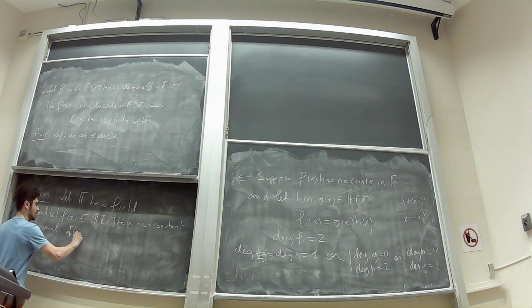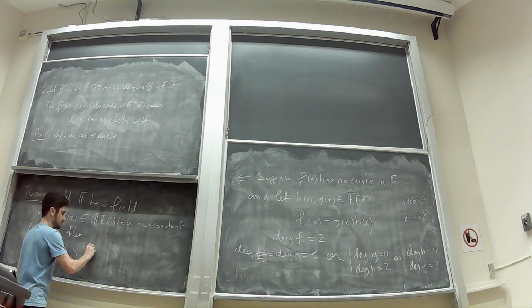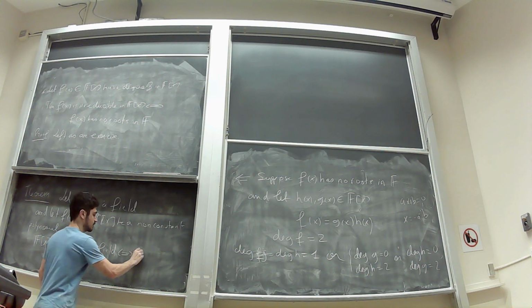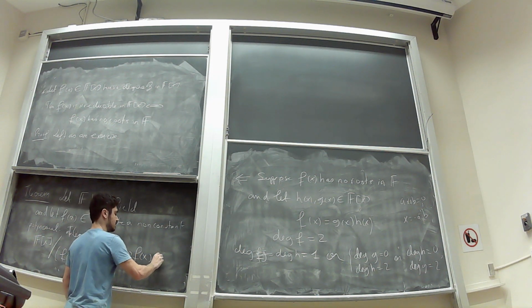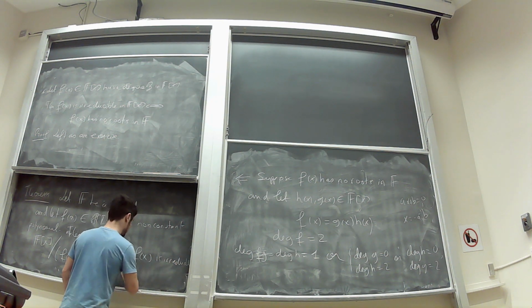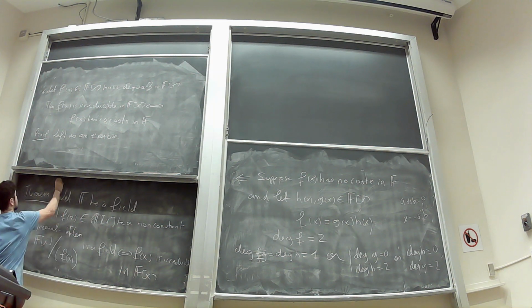Then F[x], the quotient ring, modulo the ideal generated by f of x, is a field if and only if f of x is irreducible in F[x].